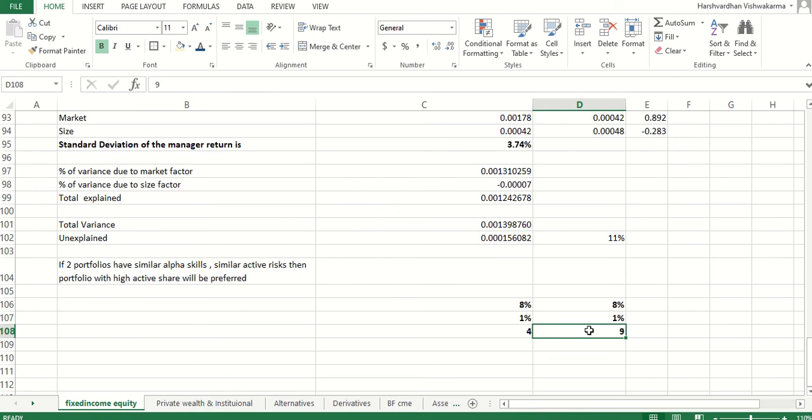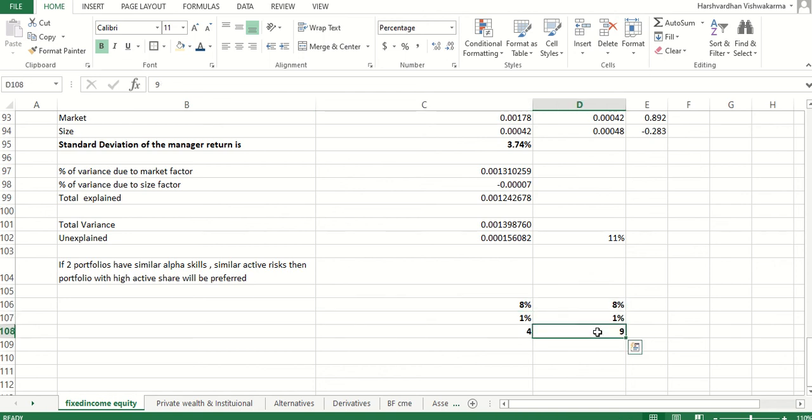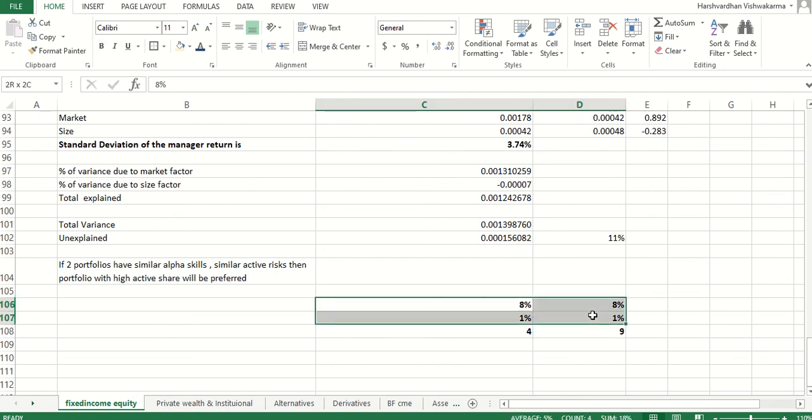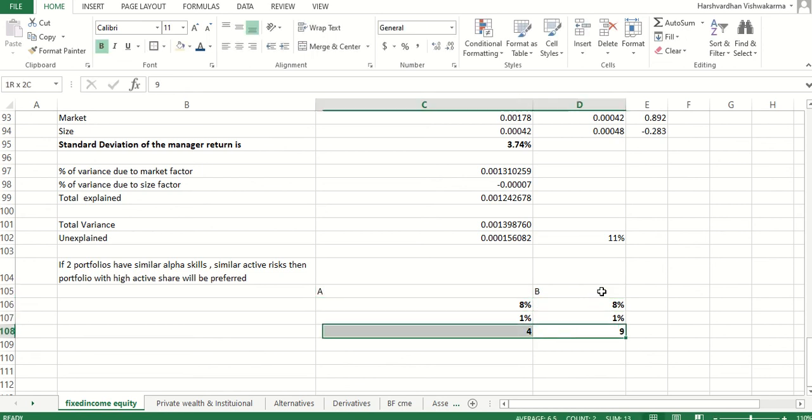That means he is challenging the benchmark, in essence saying, okay, the benchmark return is XYZ, let me try to beat the market, and in the process he is creating a similar alpha but taking on higher active share. So if there are two portfolios with similar risk and return, consider the portfolio manager with the higher active share. I will stop over here from the fixed income and equity perspective.